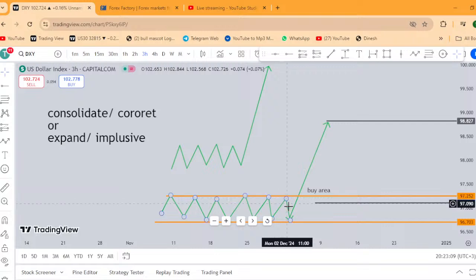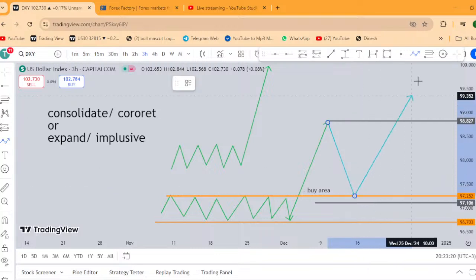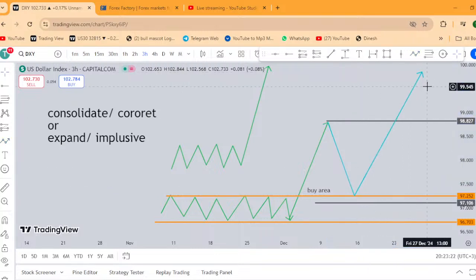I have explained why we think buyers are here. The only time I'm going to buy is when the market touches this point, and from here I'll buy to the next level where buyers or sellers are. I hope these things are clear.